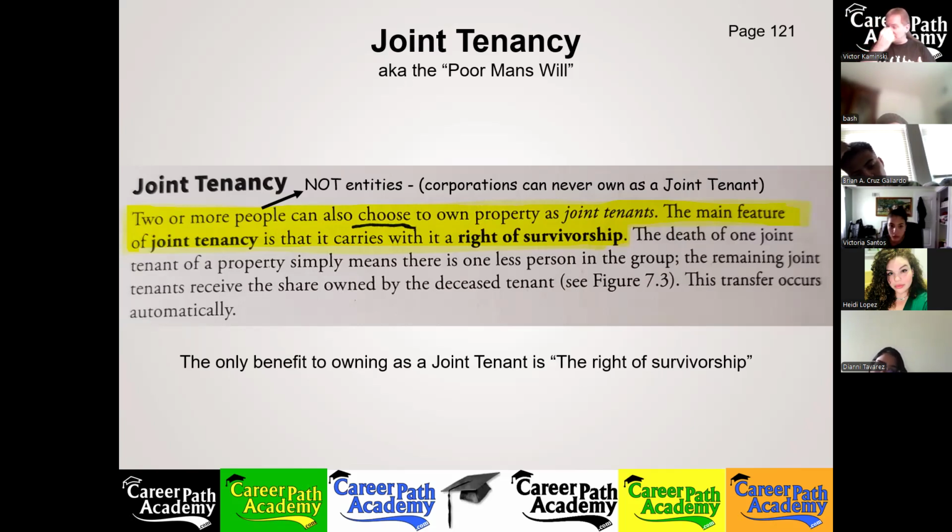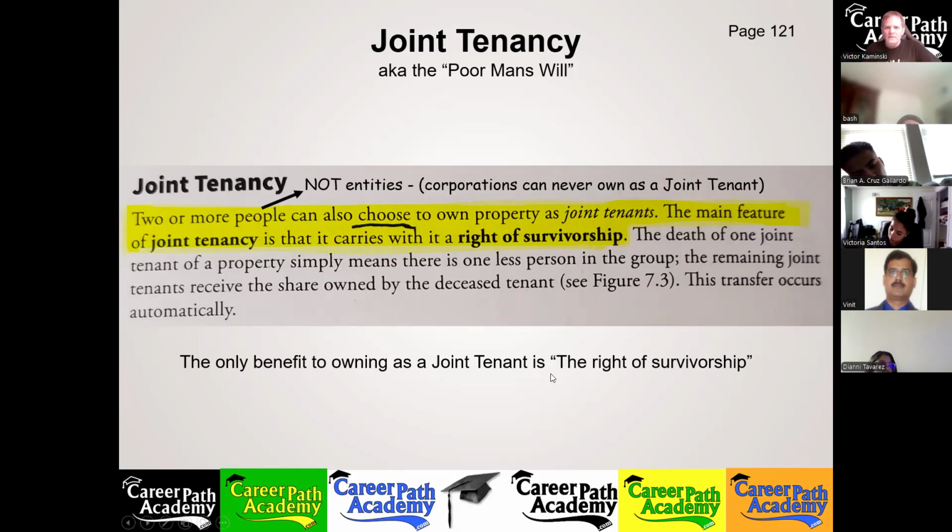In a joint tenancy, you cannot, because the only benefit to creating a joint tenancy is to have the right of survivorship. And the right of survivorship means that if one of the co-owners dies, the remaining surviving co-owners will automatically get that ownership from the owner that died, and they will equally split it and divide it amongst them if there's more than one.